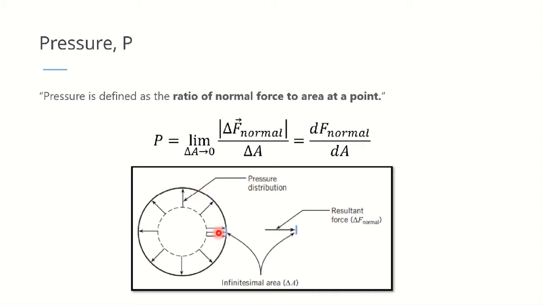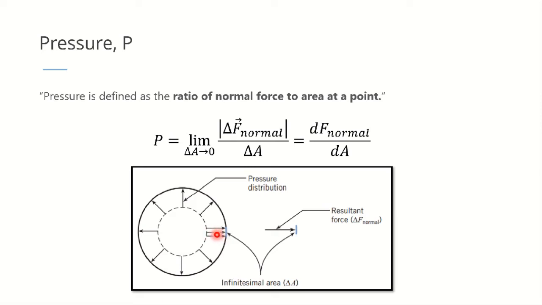Ngayon, merong hangin sa loob ng sphere or object. And let's try to get a very small, let's say, a particle or molecule. So itong molecule na to nagbibigay siya ng force dun sa wall nung soccer ball or balloon.